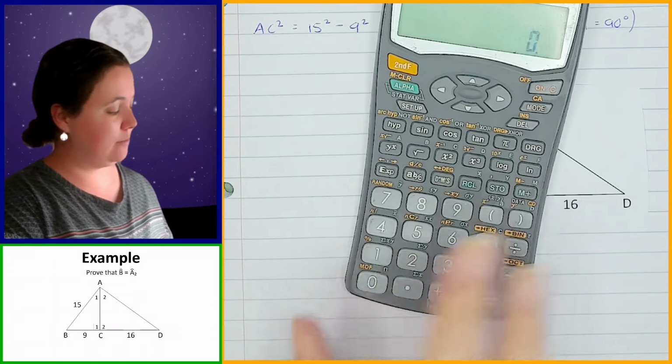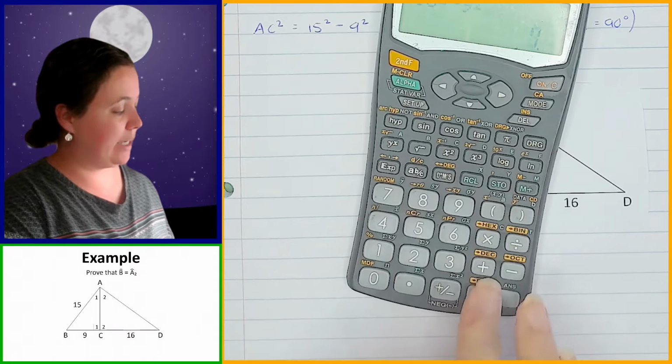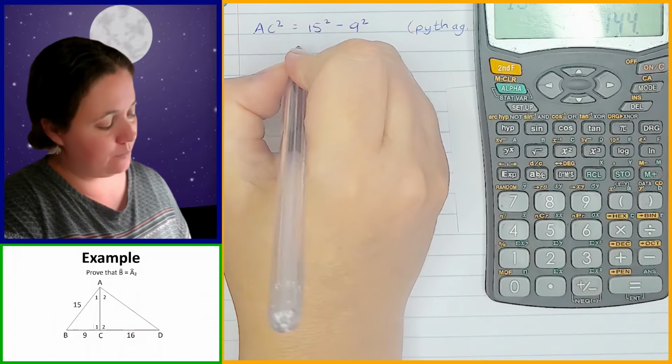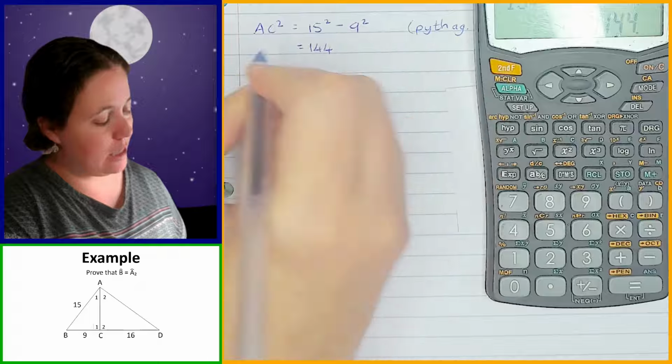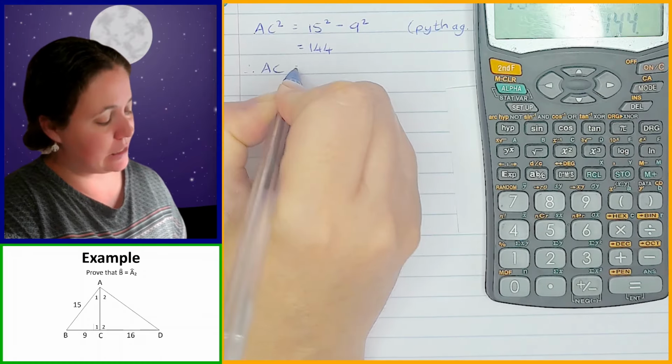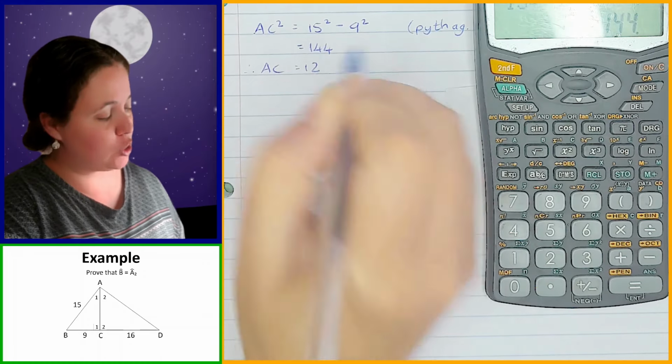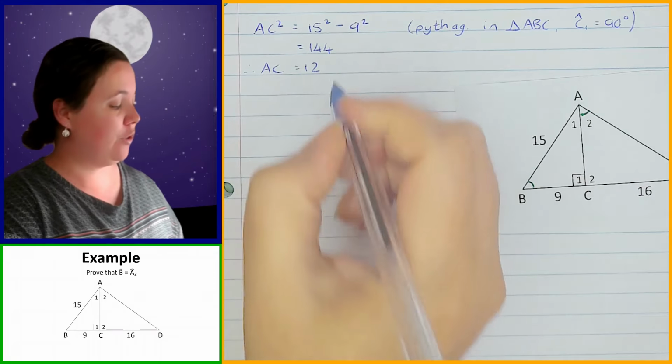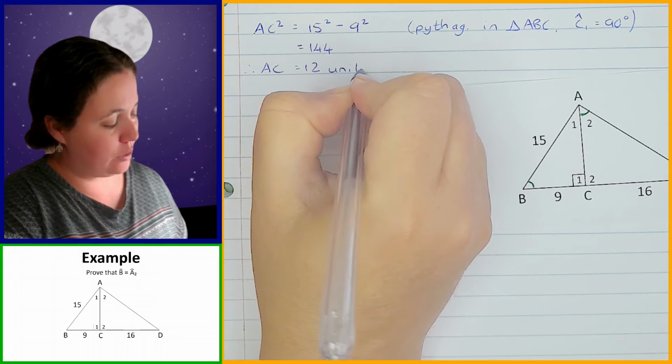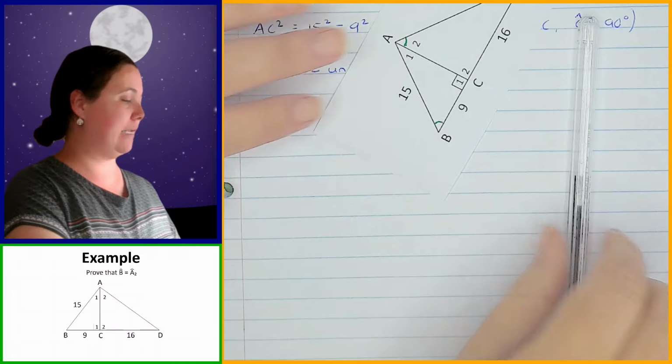Okay, so now I can go and work this out. So 15 squared minus 9 squared, that gives me 144. So that means that AC is the square root of 144, which is 12. Okay, so now I know that AC is 12 units. And I can go and fill that in over here.